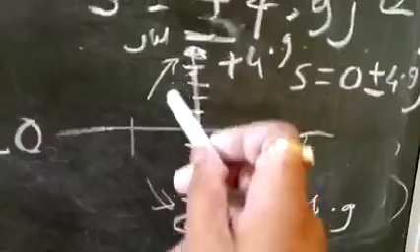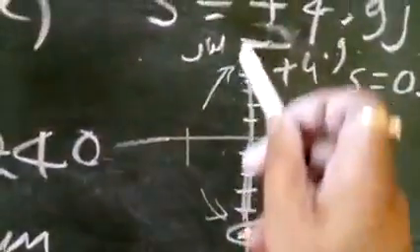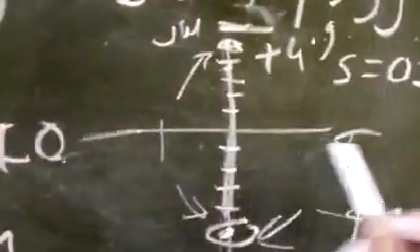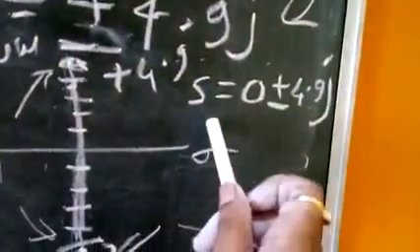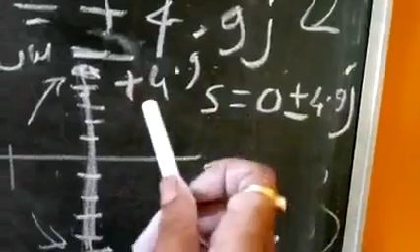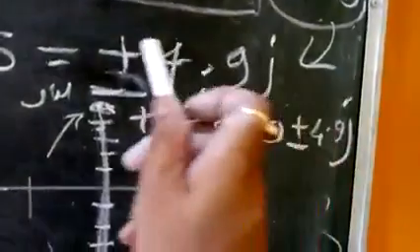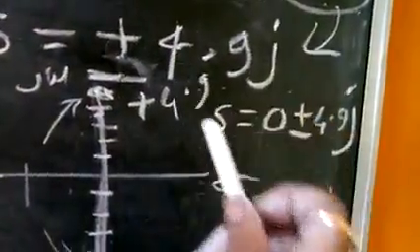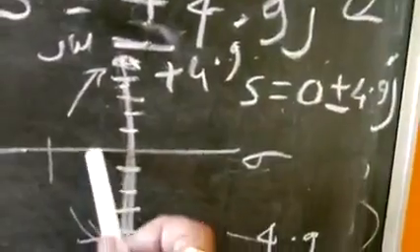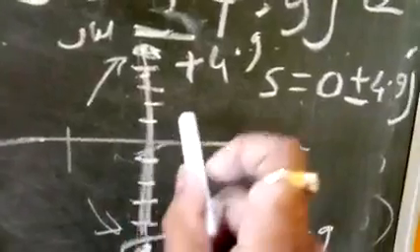So here in the S plane there are two axes, the j omega axis and the real axis. So s is equal to only the imaginary portion; the real part is 0. Real is 0 means it is on this axis.